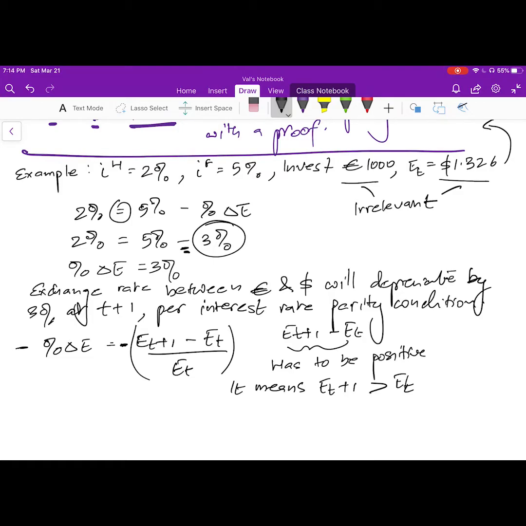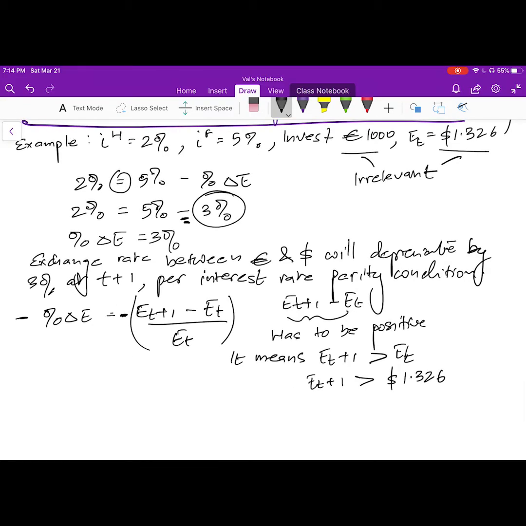So E_t was 1.326. We know mathematically that this E_t+1 number has to be greater than 1.326. By how much? By 3%.